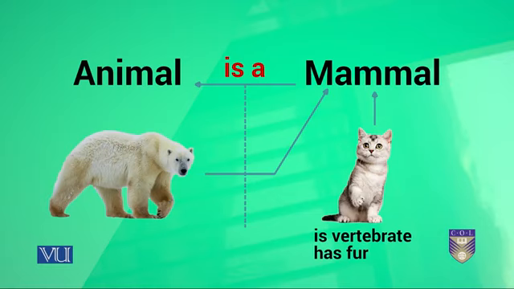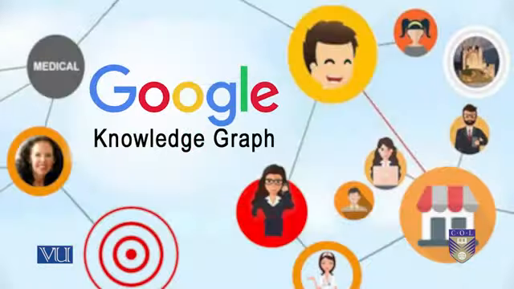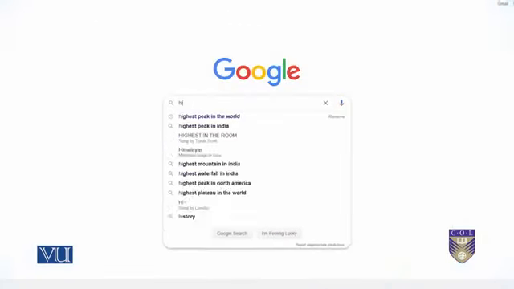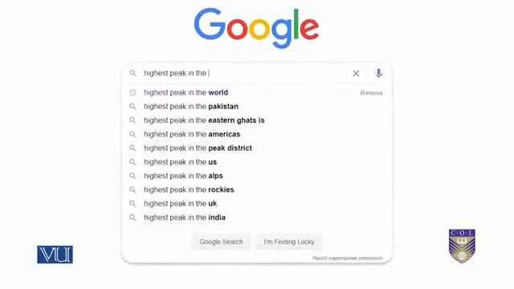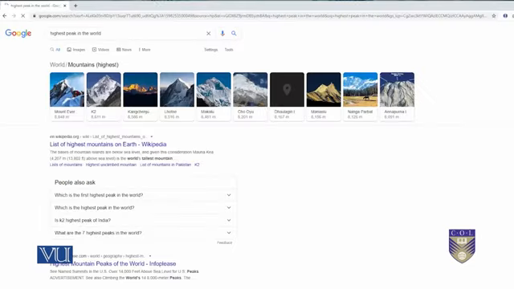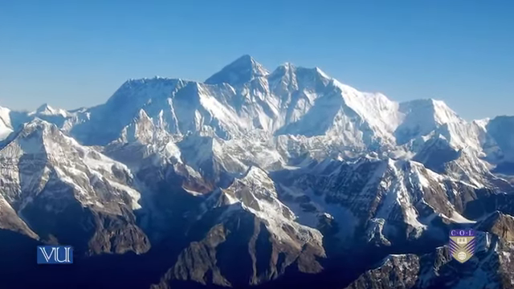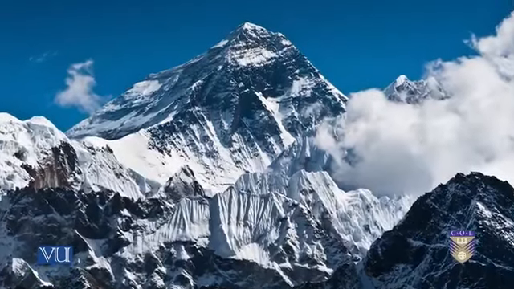And one of the greatest uses of these semantic graphs, typically available from Google, is a knowledge graph. You're trying to find out the highest peak in the world. So there's no computation behind this. Remember, there's no computation behind this if you have built a knowledge graph. So what would that have?